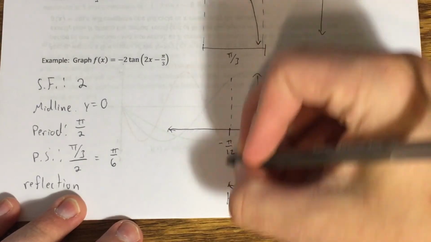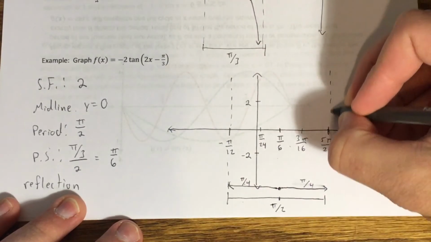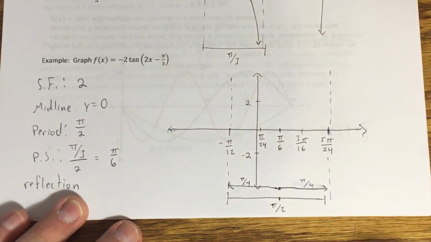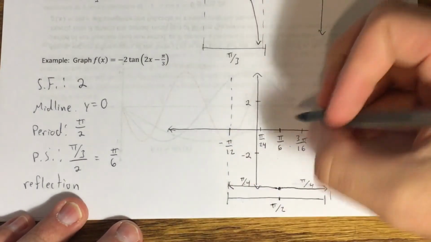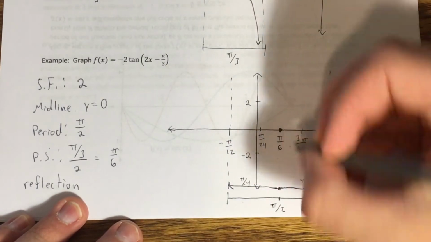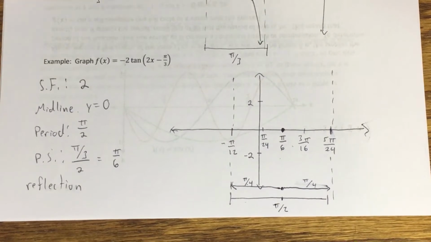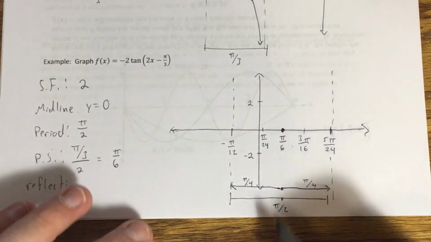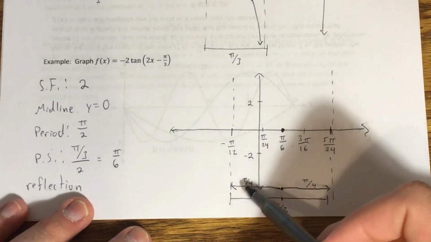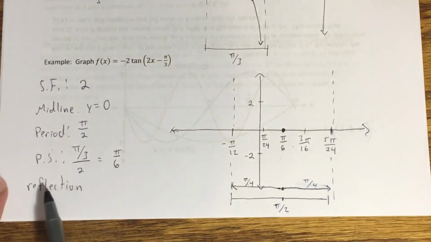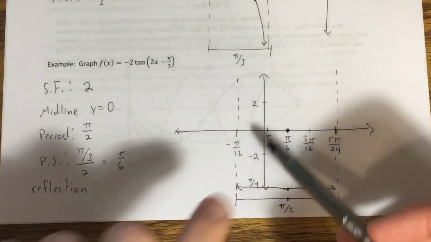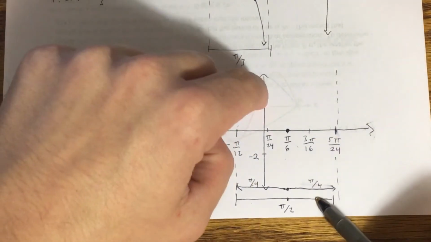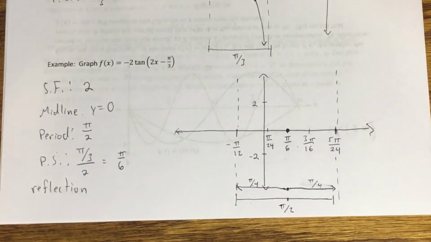Now we're going to create vertical asymptotes. Okay, remember for this one, the midline is the x-axis, so we expect a point here, right at the midpoint of our interval. And then it's a tangent function. A tangent function would normally be increasing, but because we have a reflection about our midline, it's going to change from increasing to decreasing, looking a little bit more like a cotangent function.